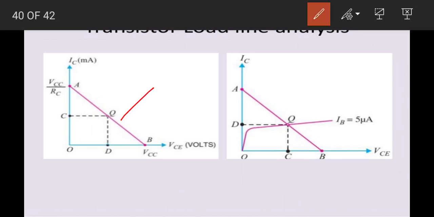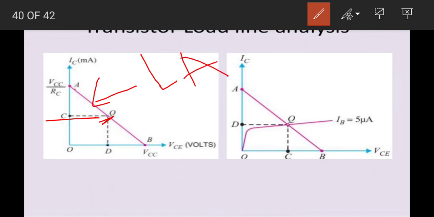This point is the operating point, or OP. These are the load line analysis, same here for VCC and VCE voltage.